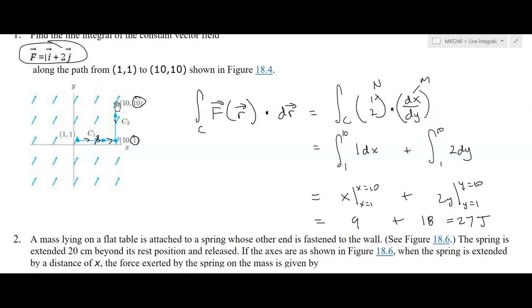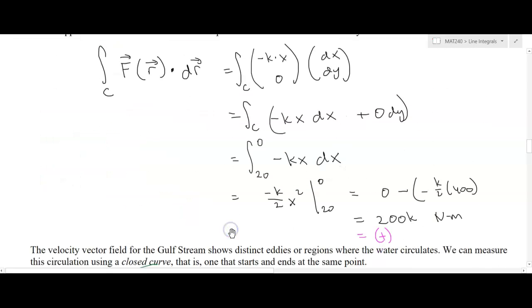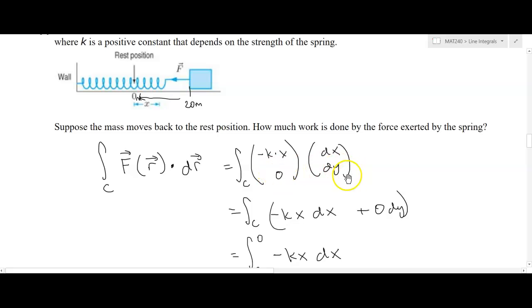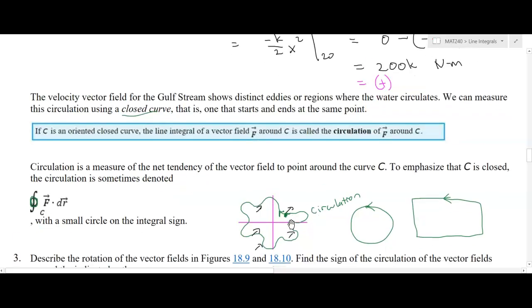It would be a lot harder to compute the line integral along that trajectory by using this path, because it would be a different path. Here only our x changes or only our y changes, and no two things change simultaneously. So the same thing goes here. Here we had a zero y component and no change in y, so these integrals worked out just fine.